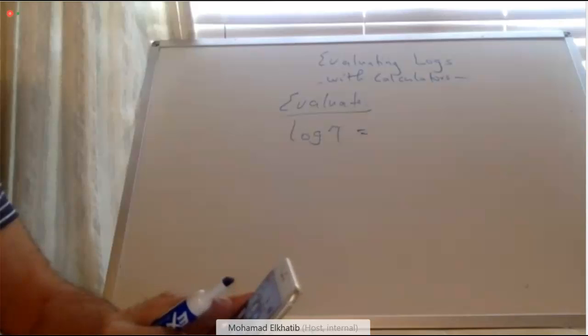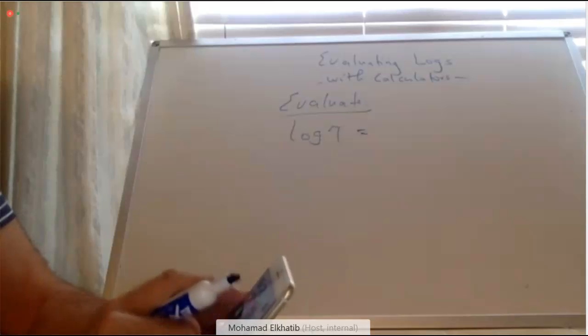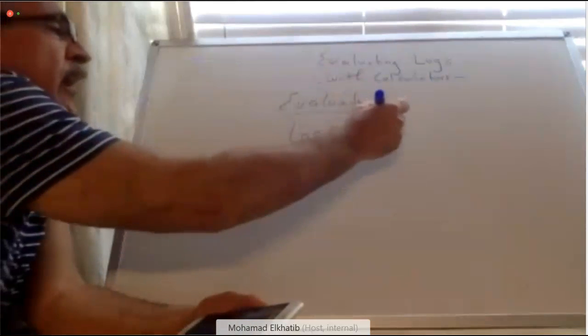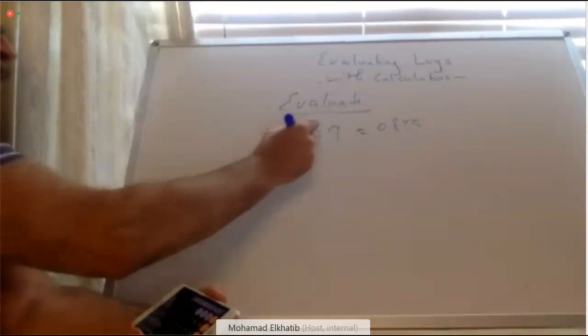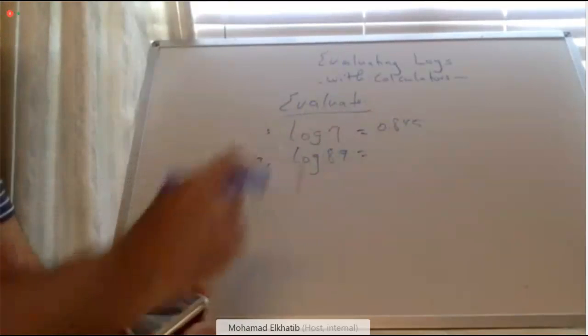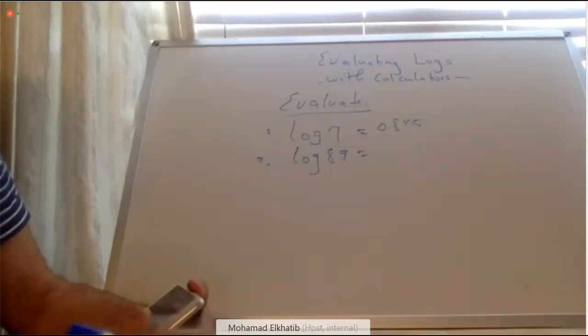So what I do is I go to my calculator here and I press 7 and then I hit the log and I get 0.845. Let's say I want to find log 89. See, the base is 10. How many times do you multiply 10 to get 89?